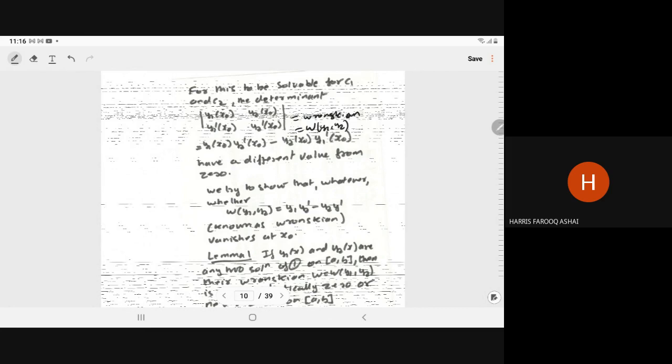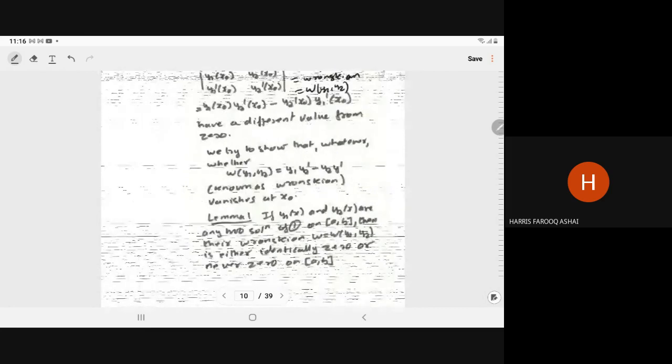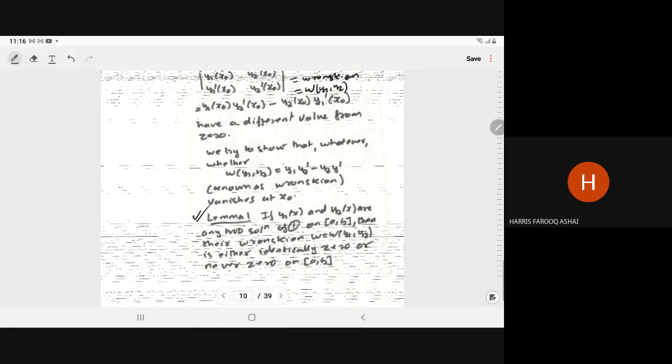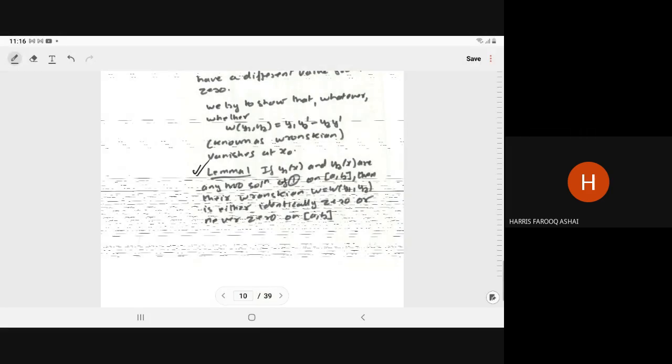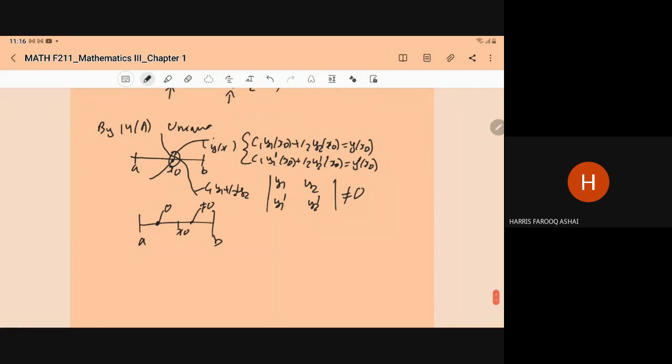Now, in the first lemma: if y1 and y2 are any two solutions of the first equation on [a, b], then their Wronskian W(y1, y2) is either identically 0 or never 0 on the closed interval [a, b]. So now we have to prove that the Wronskian is either 0 or never 0 on the closed interval [a, b].